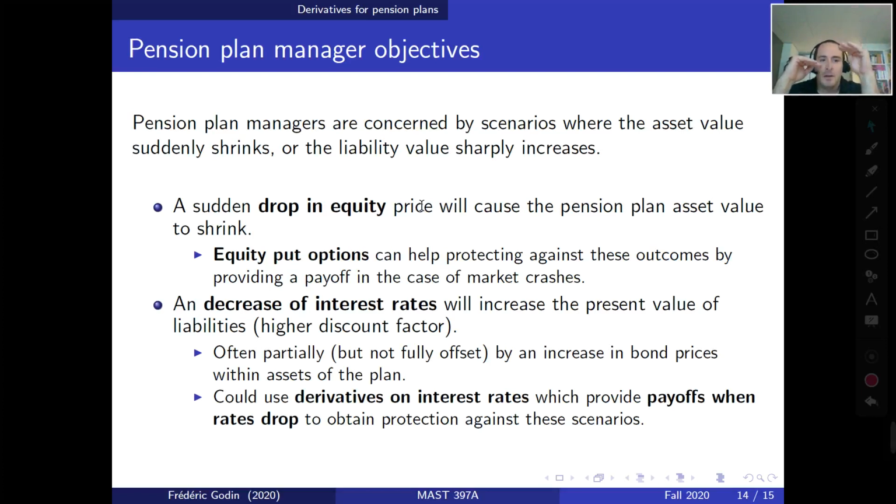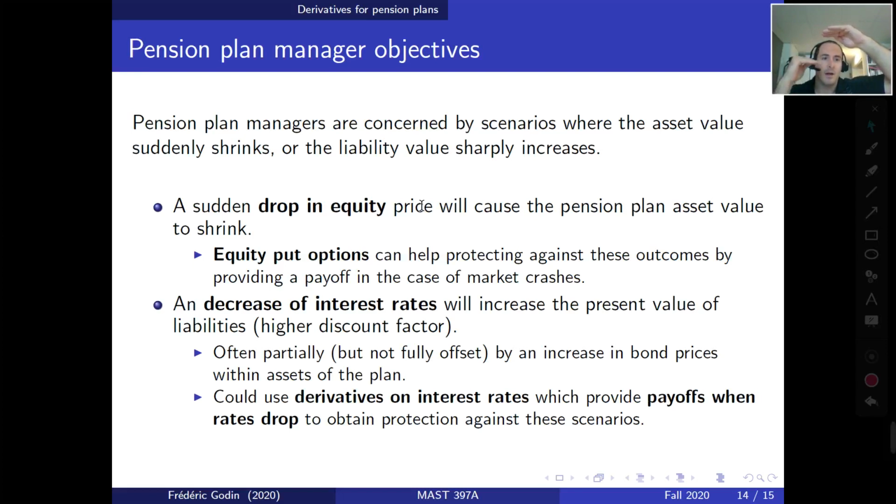So often, when rates decrease, it pushes the liabilities up, but this is often partially offset by an increase in the value of assets, because the assets, as we said, are often partially invested in bonds, and when interest rates go down, the price of bonds goes up.